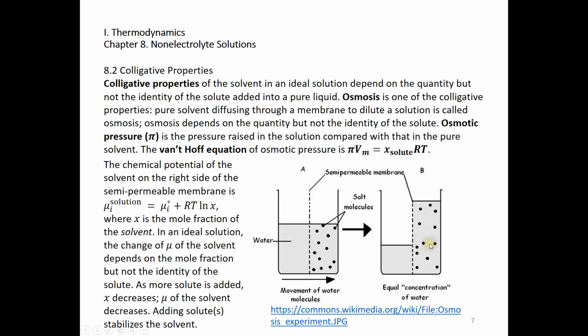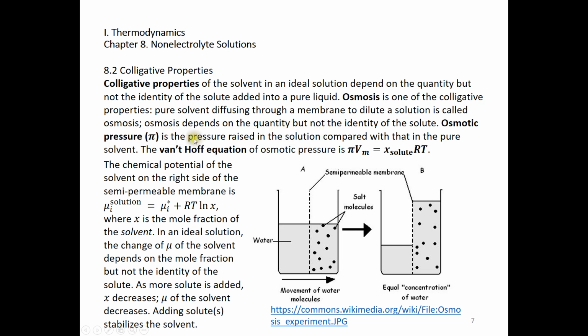And of course this height difference will generate a pressure difference. So between this level and this level there's a pressure difference, rho GH, density multiplied by gravitational acceleration multiplied by the height difference. Now we can compute osmotic pressure pi.